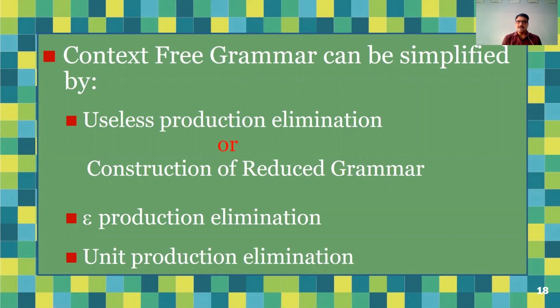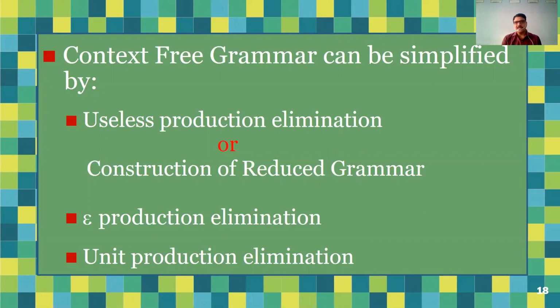So now simplification will consist of different phases. Like useless symbol elimination, which means finding the useless symbols in the given grammar, then we will eliminate the useless productions of that particular symbol. And the same thing can also be called the reduction of the grammar.